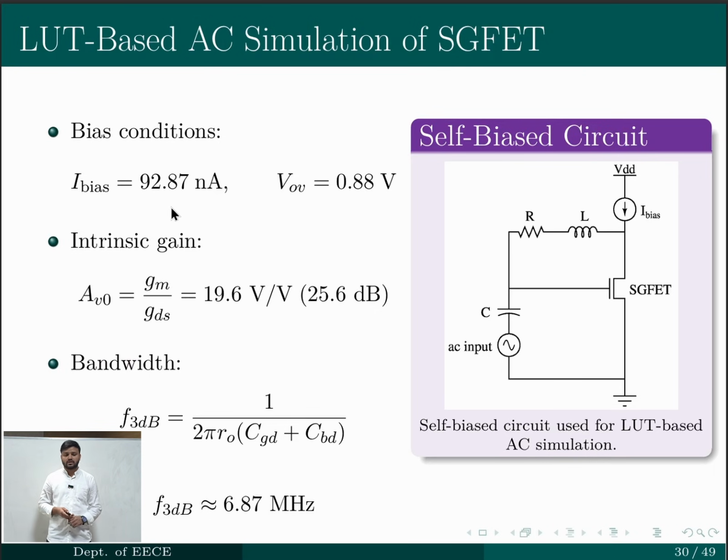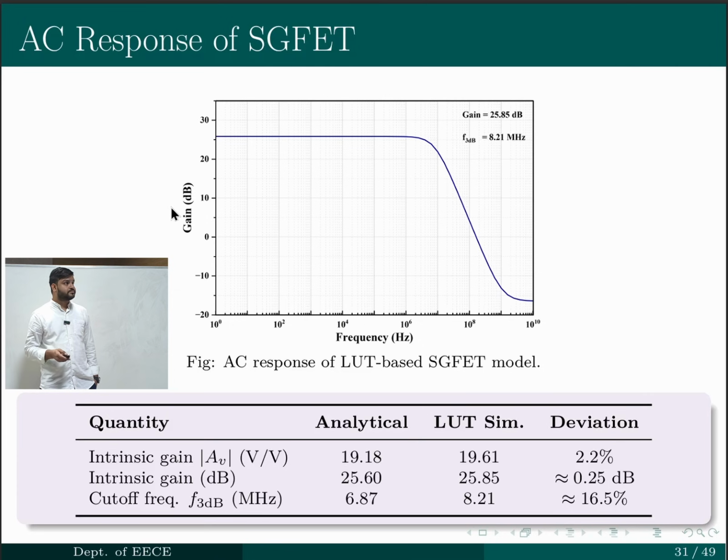Now the same AC simulation has been performed for the SGFET for the same biasing condition. In this case the bias current is given nearly 93 nanoamperes, and the overdrive voltage was 0.8 volt. The intrinsic gain came to 25.6 dB, and the bandwidth was calculated as 6.87 megahertz.